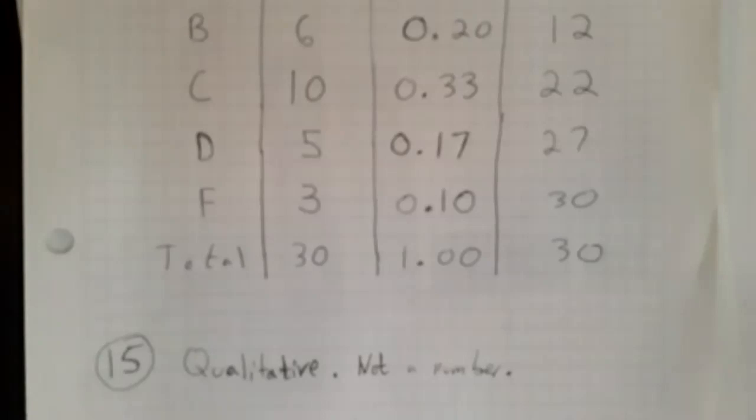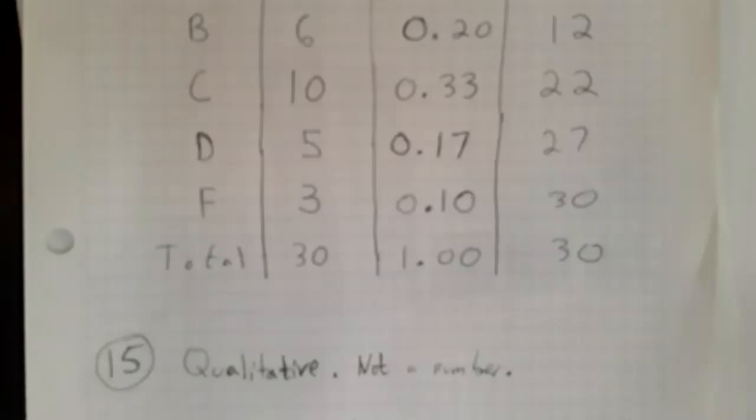So if we were talking about the wavelength, we could take the average of the wavelength. But if we're talking about blue versus brown, we can't really take the average of blue and brown, right? Those words, it doesn't really make a lot of sense. So it's categorical, it's qualitative, it's not a number.